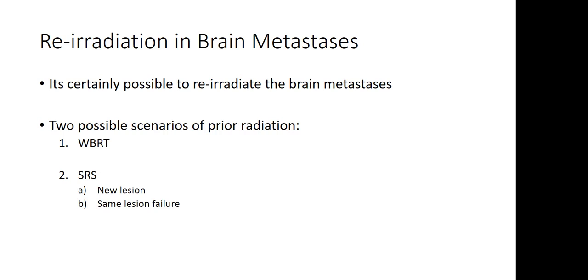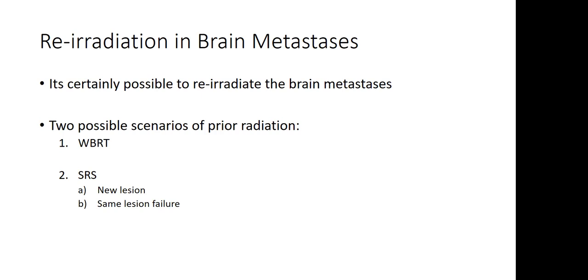If the patient had an SRS and is coming for repeat radiosurgery, then either it could be a new lesion or a radiosurgery for the same lesion which is progressing now. Generally, the scenario where the lesion is progressing after the first RS is rare. It doesn't normally happen unless in the previous radiation we missed the target or the dose was not sufficient. Only in that scenario does this happen. Otherwise, most of the time the scenario is only the whole brain radiation or a new lesion.